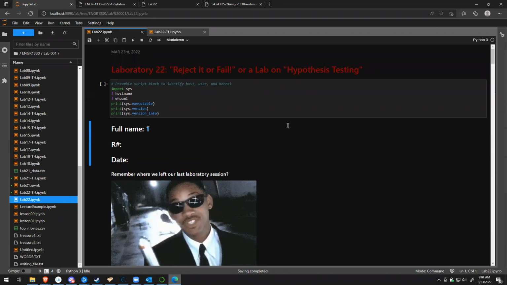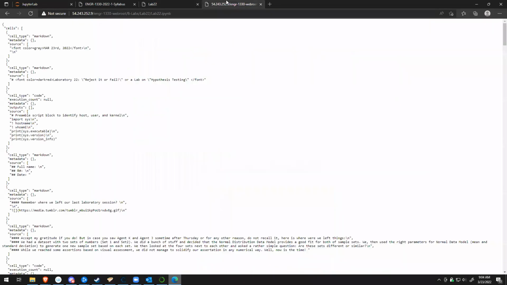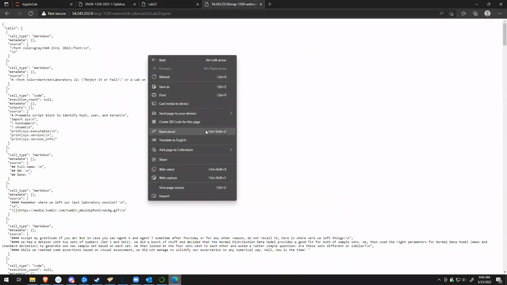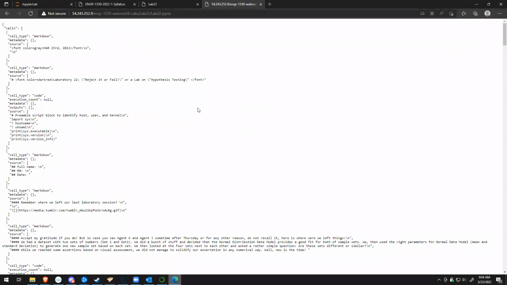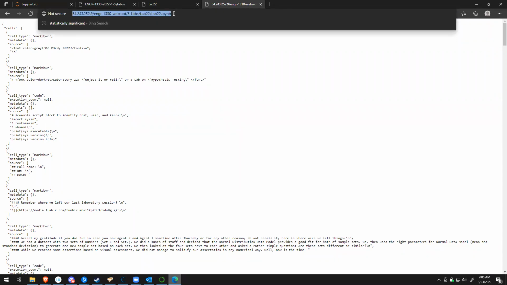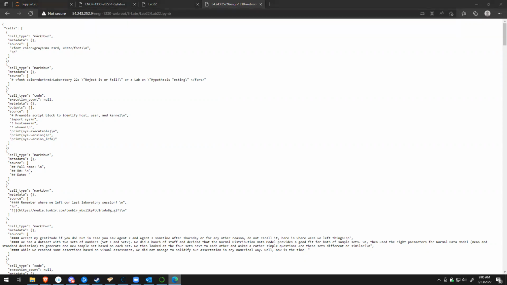Oh, and the Lab22 notebook will have to be manually downloaded because I don't have an internal link for it. Right. I went here and saved. So I did. Okay, so it's in the Blackboard. Don't break now. Okay. Laboratory, go to lab. Oh, it's not even there.